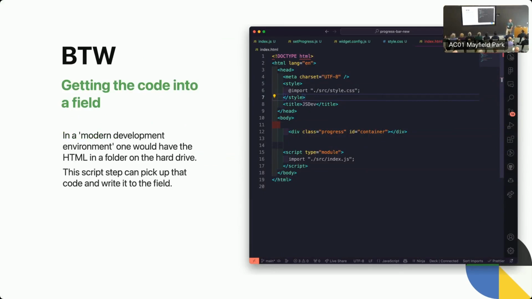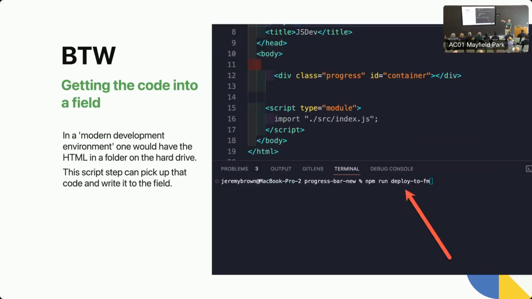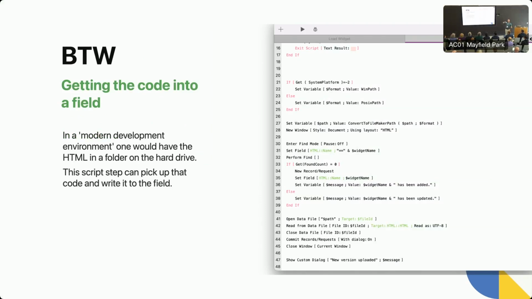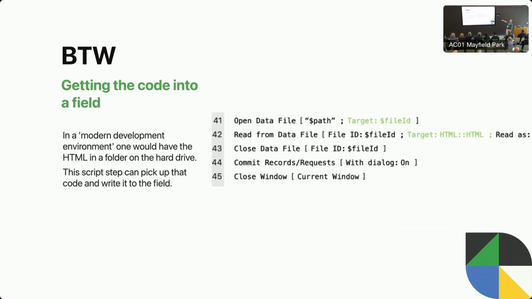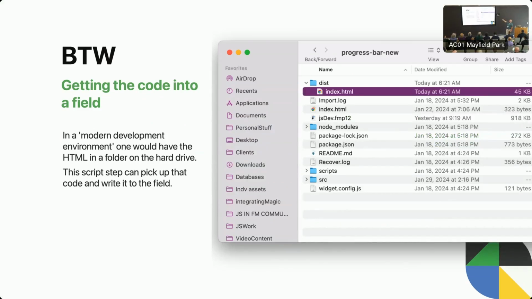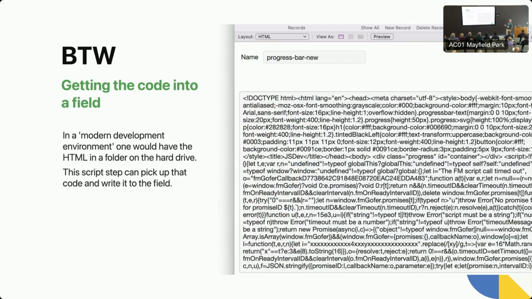By the way, I'm getting the code into a field using a process that I learned when working with Todd, where we take some HTML and compile it using a little command line prompt. We allow VS Code to go grab my code and compile it into one text field. Then this FileMaker script is triggered by VS Code, and it takes all my code from that file, which is right here in that dist folder, and pushes it into the field.